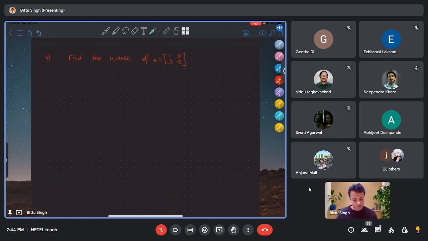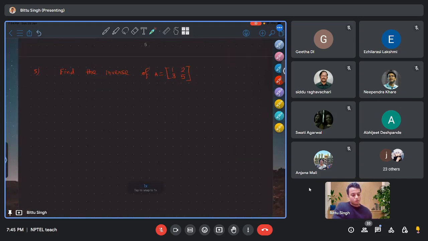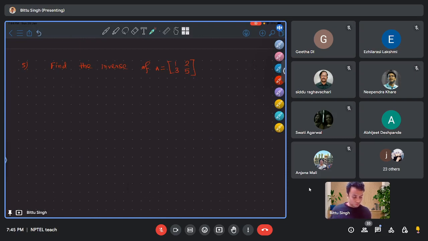There is another question. Here we need to find the inverse of this matrix A. Okay. A is 1, 2, 3, 5. So what is the way? You probably know this formula. There is a formula for finding inverse.